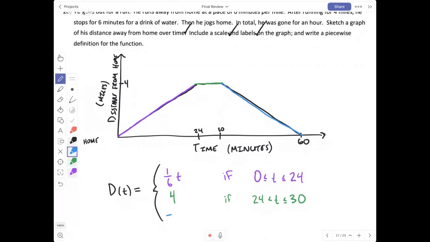Anyway, I'm going to write 2/15ths times t minus 60, because I can see that this graph meets the axis at 60, if 30 is less than or equal to t less than or equal to 60. Done.